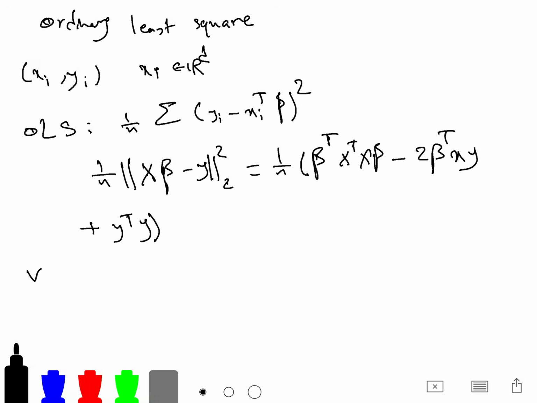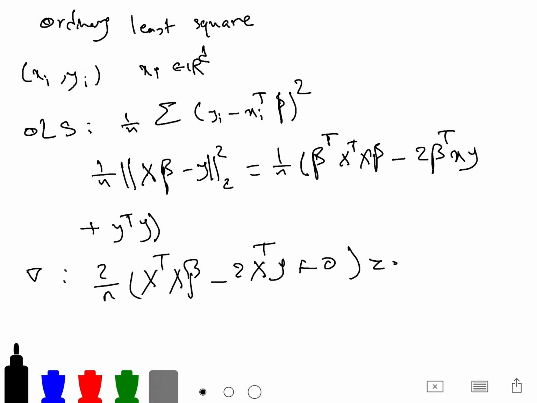If you take the derivative with respect to beta, you get 2 by n X transpose X beta minus 2 X transpose y equals 0, and you get the famous OLS result: beta hat equals (X transpose X) inverse X transpose y.